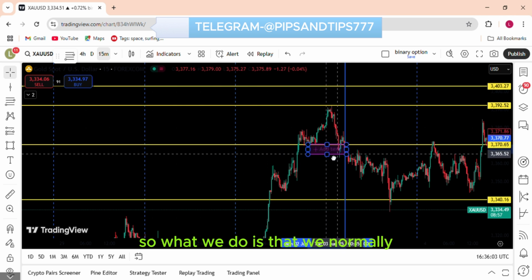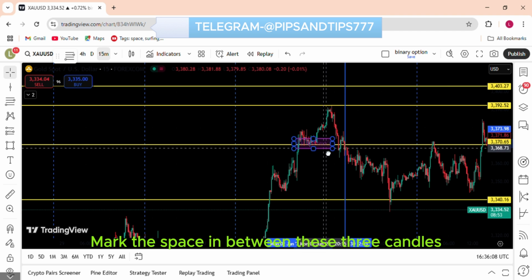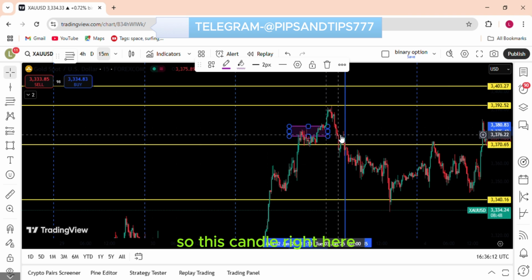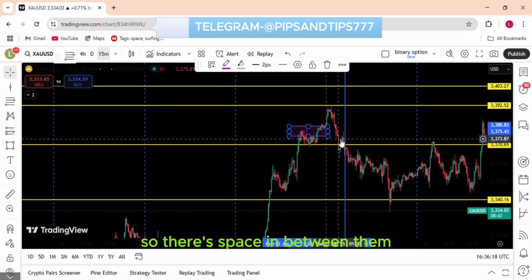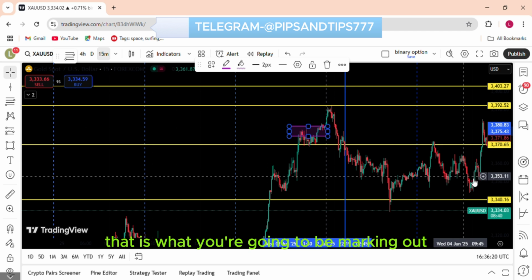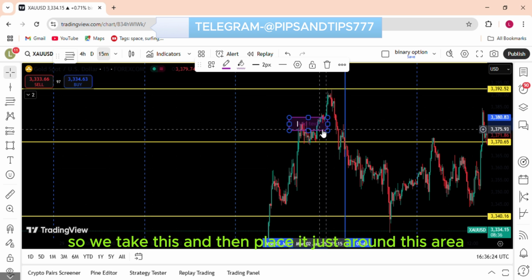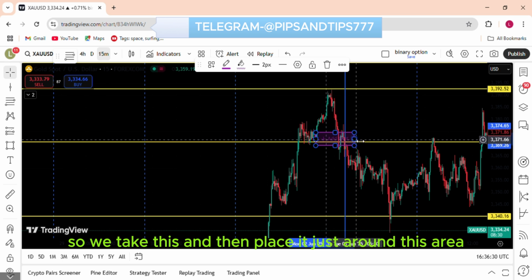So what we do is that we normally mark the space in between these three candles. So this candle right here, and then this candle right here. So the space in between them, that is what we are going to be marking out. So we take this and then place it just around this area.